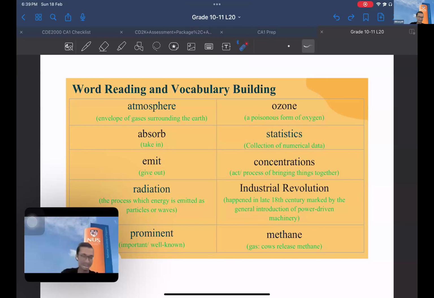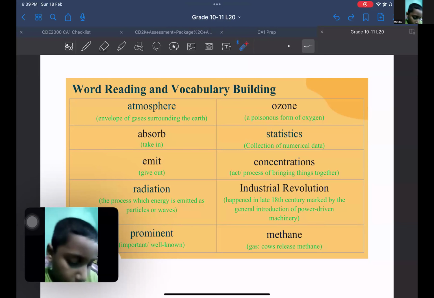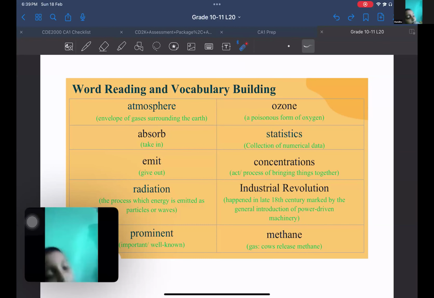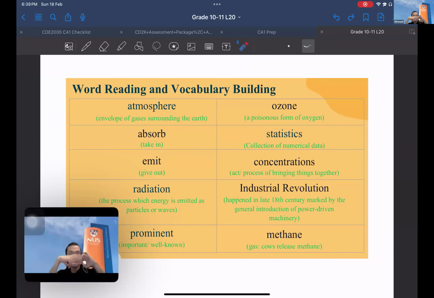Emit is usually more for an energy source, something that gives out something, like a car engine.